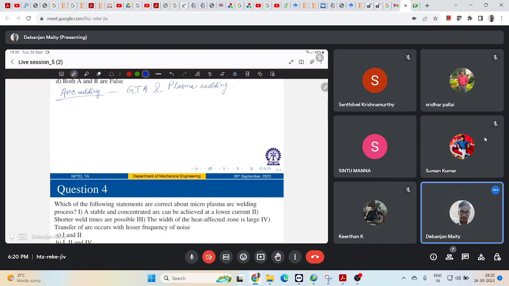Here, the pulse and the power control the penetration, and you can also have regulated and controlled outputs here.